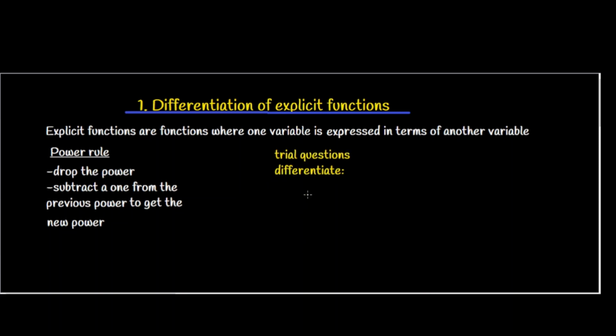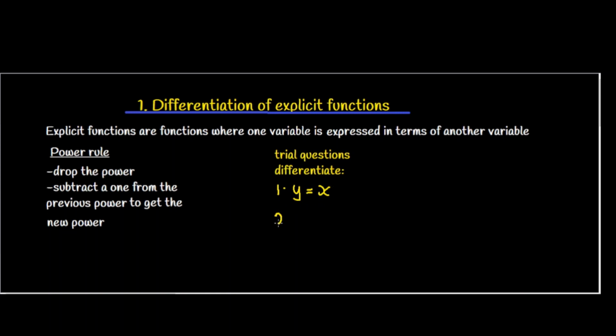Aside from that, let me leave some trial questions. You can comment if any of them has failed to come out, or if you want clarity about your answer. Let's have the first one as y equal to x. Yeah, let's leave it at that. So differentiate y equal to x.